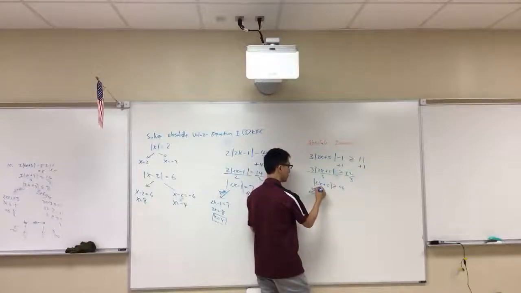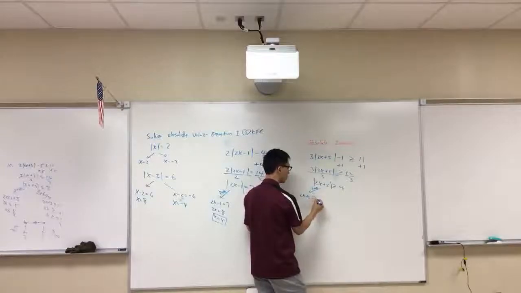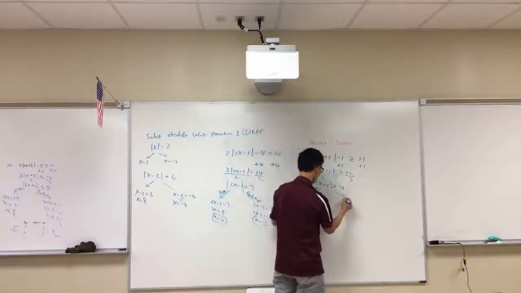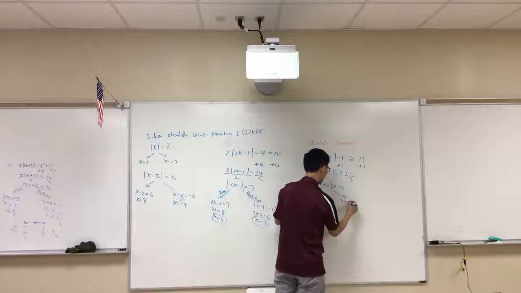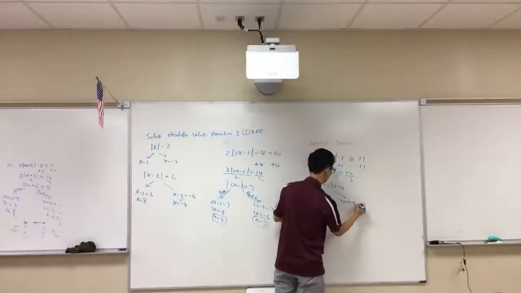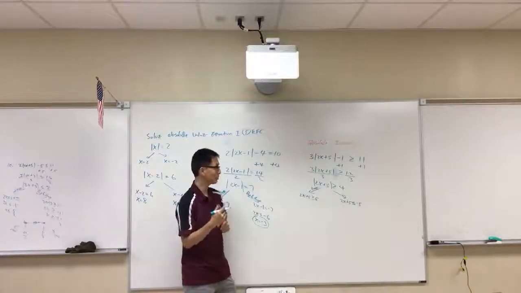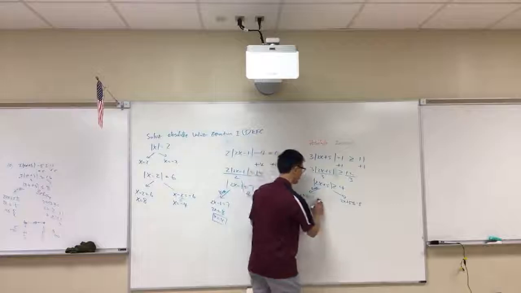This one's going to keep exactly the same except without absolute value, greater than 4. And this part is going to be 2x plus 5 is less than negative 4. So you have to make sure you do that. Sorry, it's 4.